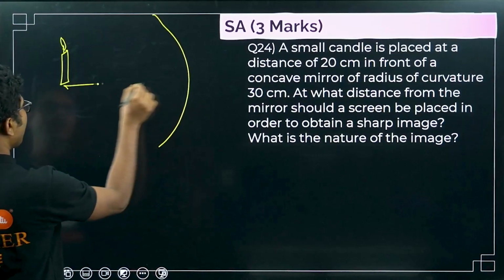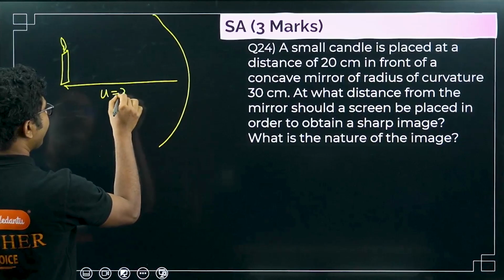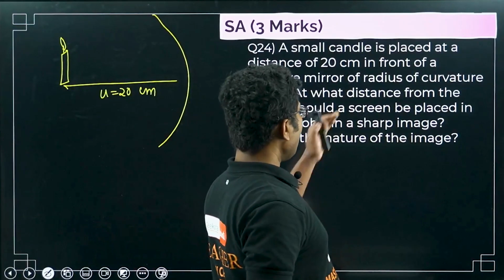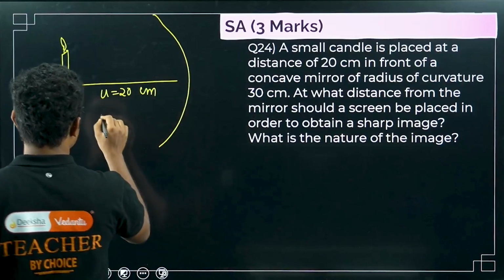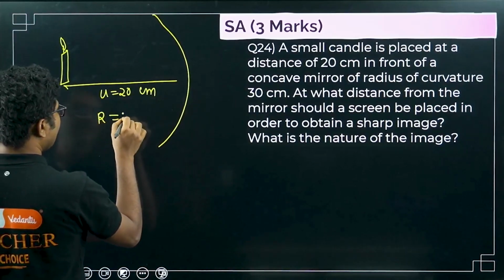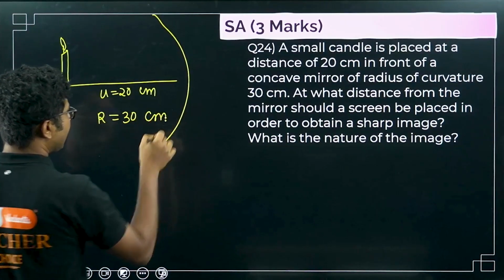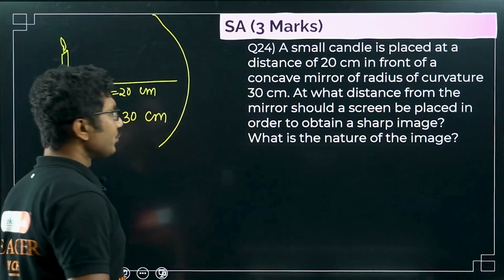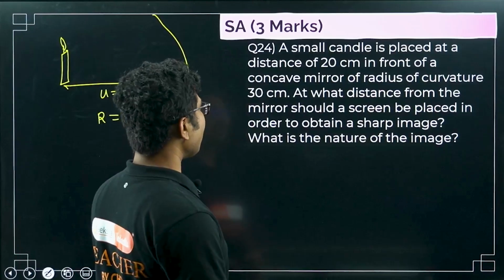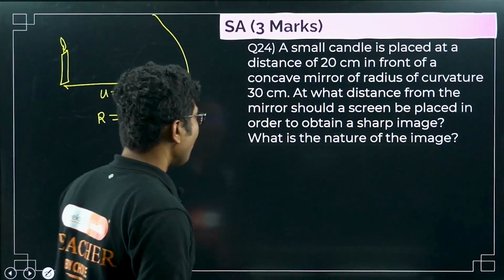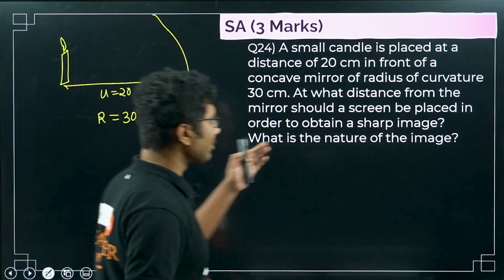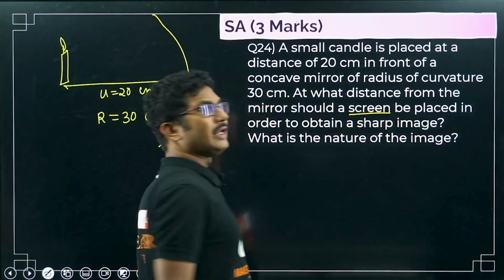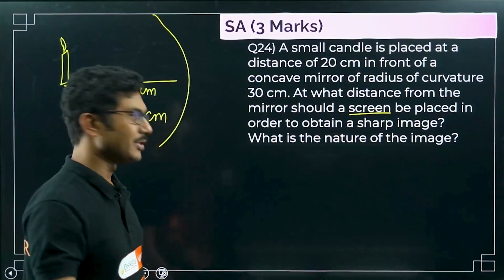So u is 20 centimeters, and the radius of curvature is given as 30 centimeters. At what distance from the mirror should a screen be placed in order to obtain a sharp image? What is the nature of the image? The nature is obviously clear: they are asking you to place a screen, so the image will be a real image, right?